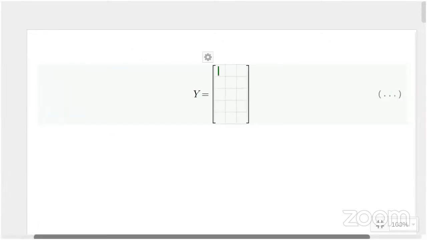Yeah, so you have, this is y, right? Y will be the one hot encoded matrix, right? So let's say the first example has label 0 or label 1. Second example has label 1, and third example has, say, some other label.